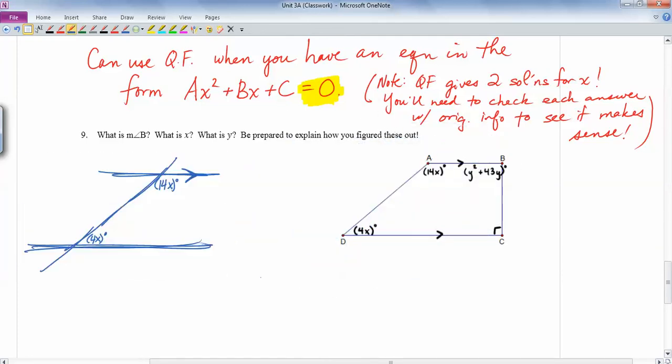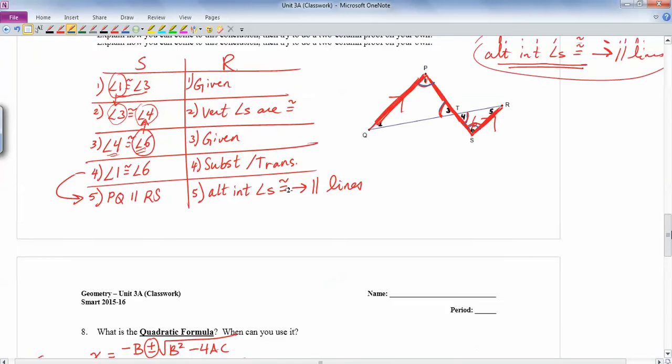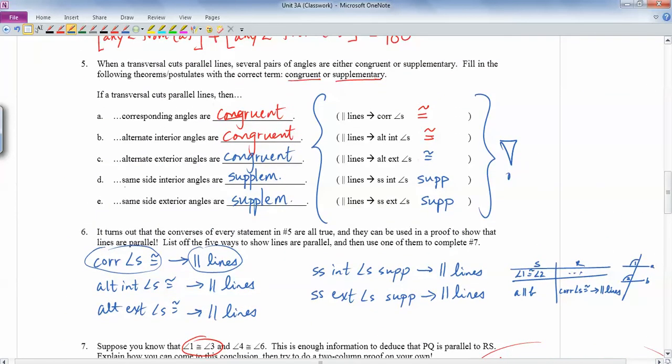Now if you look at that, the 14x and the 4x, they're on the same side of this transversal, and they're interior. So I know that parallel lines give me same side interior angles that are either congruent or supplementary. And if you come up here, the same side ones are always supplementary.